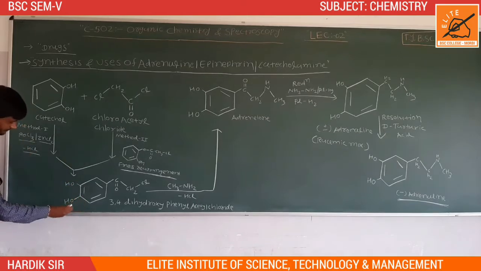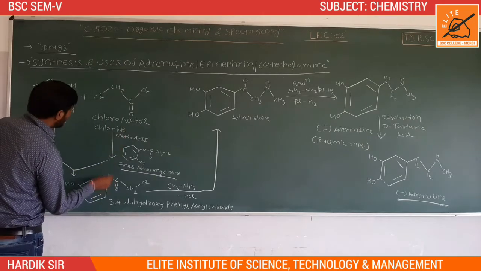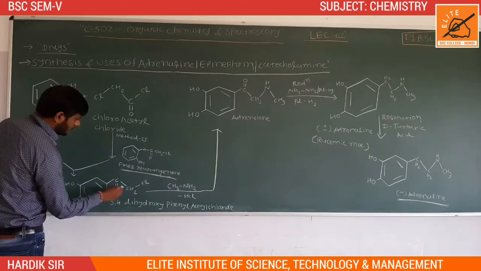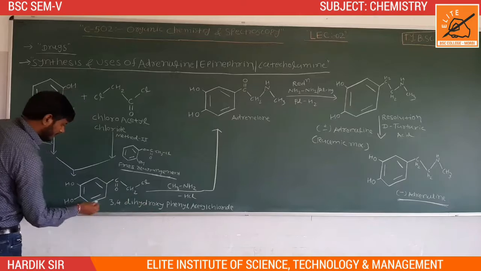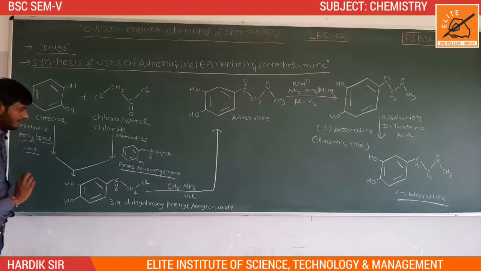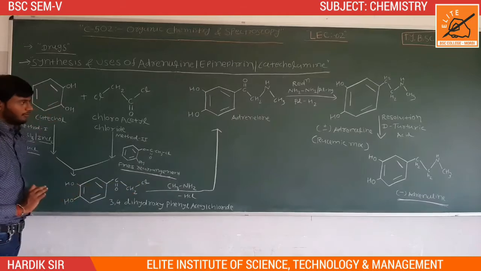Now we see the structure. This is the catechol, with 2 hydroxyl groups, and this carbon is combined with our carbonyl group and CH2Cl. This is the acetyl chloride, and the other part is the 3,4-dihydroxyphenyl. So this is called 3,4-dihydroxyphenyl acetyl chloride.